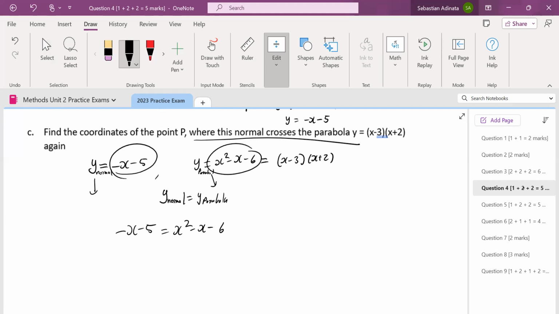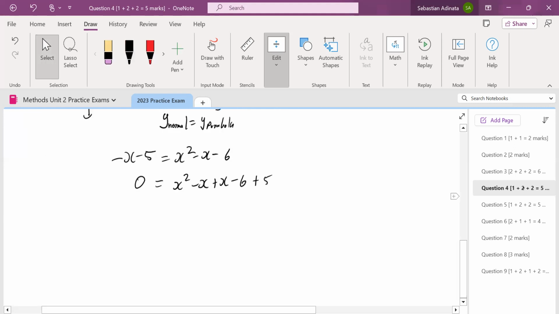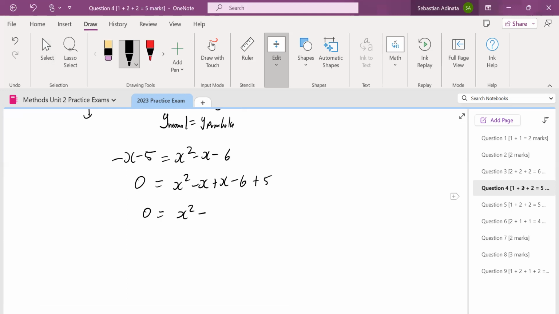Let's move everything on this side over. So we end up with 0 equals x squared minus x plus x minus 6 plus 5. We end up with x squared minus 1. That means x squared equals 1, so x equals plus minus 1.